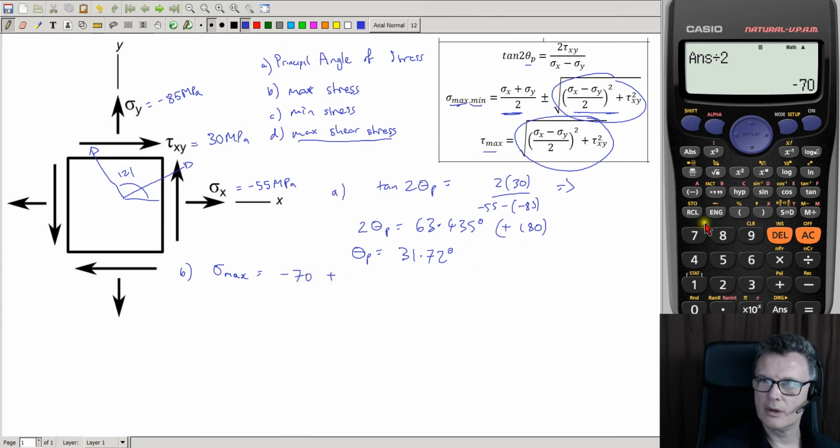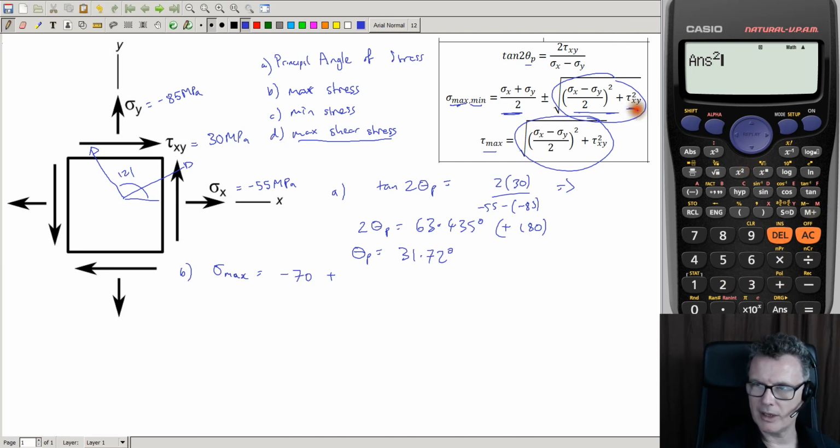plus, let's work out all this stuff here. So let's start off with a bracket, and we got minus 85, minus 55, minus minus becomes a plus, so plus 85, and then we want to divide that by 2. Then we want to square it.